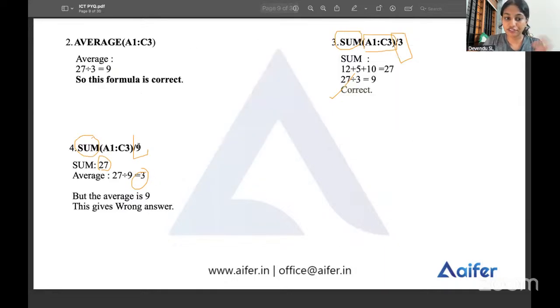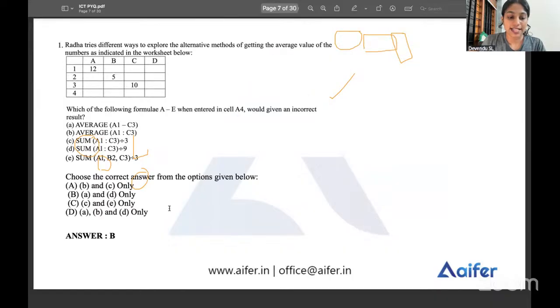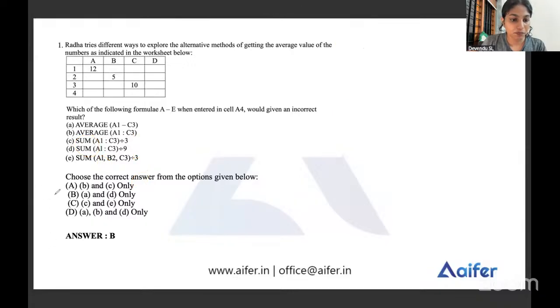Here we will not get 9 as the average, so this is an incorrect, wrong answer. What we have to do is select the incorrect answers, right? So we have A as incorrect, and D as incorrect.